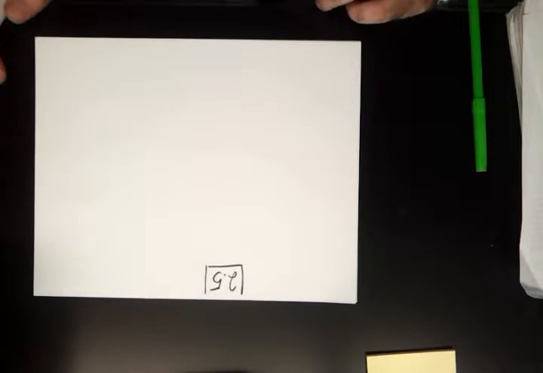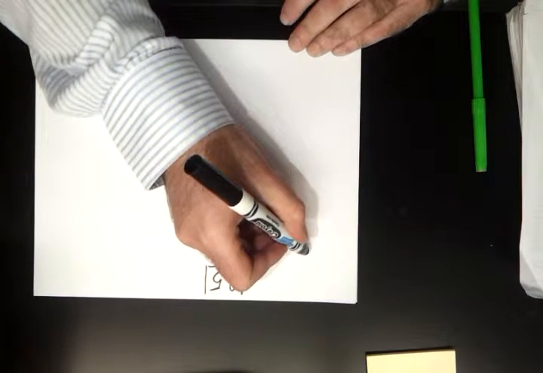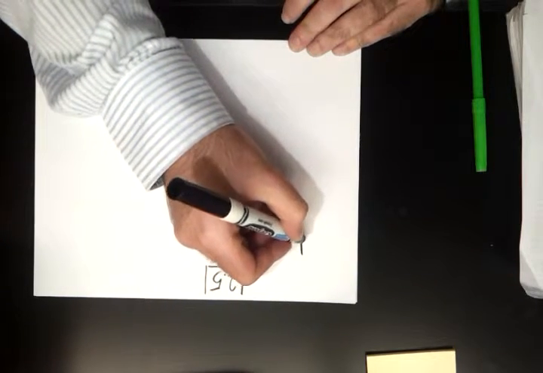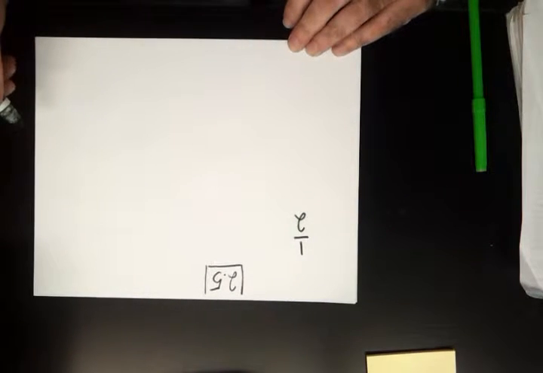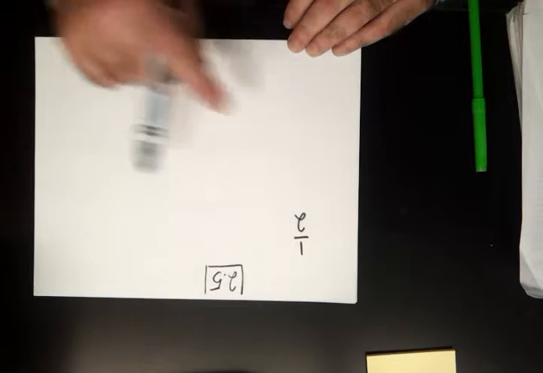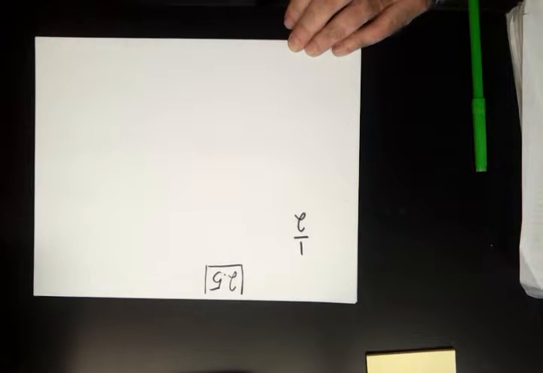The first thing you need to know is what is a multiplicative inverse or a reciprocal. If I have a number like this, a fraction, let's say 1 over 2, the multiplicative inverse, or the reciprocal, is any number that when multiplied by this will make the product be 1.